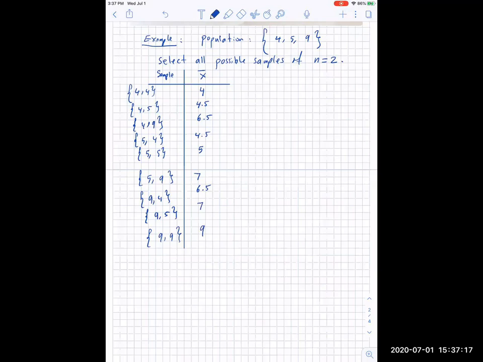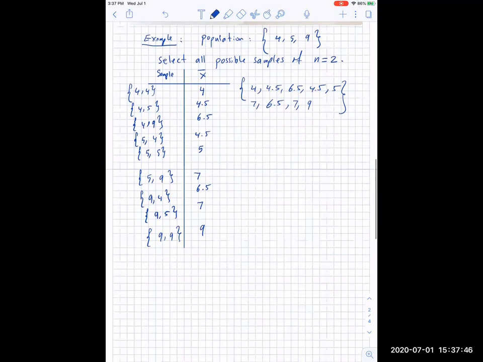Right? So I'm going to now make a list of all of these sample means: 4, 4.5, 6.5, 4.5, 5, 7, 6.5, 7, 9. Okay. This is all the sample means, right?